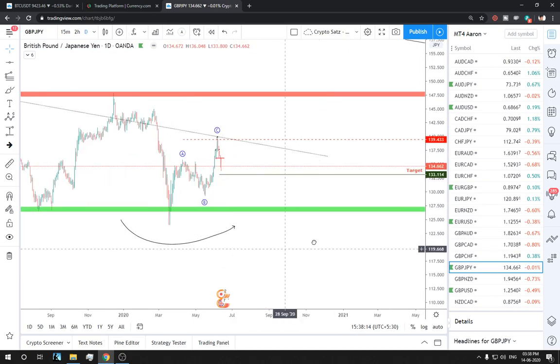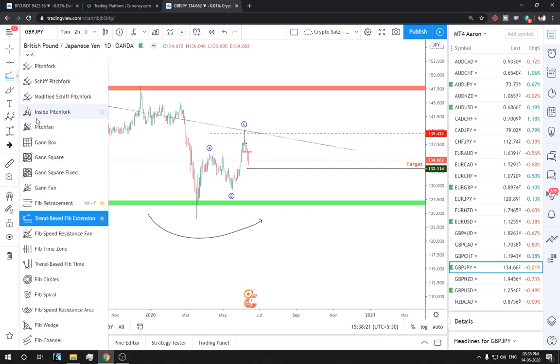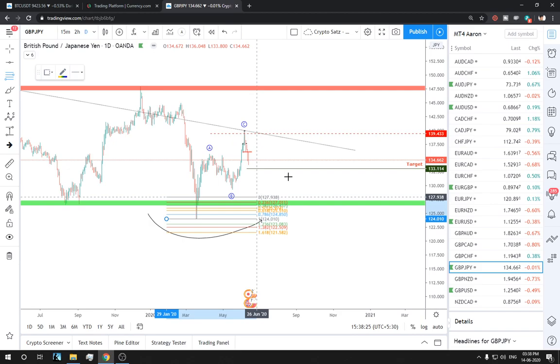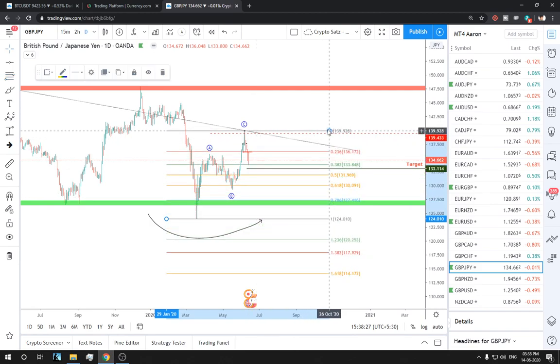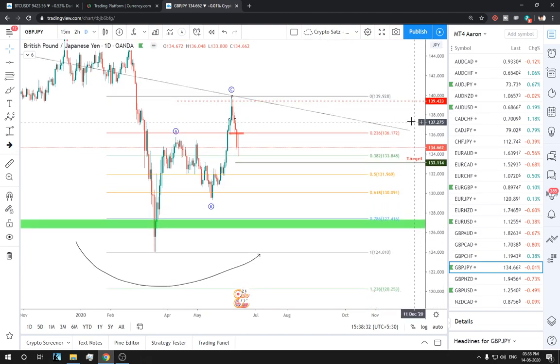So in my opinion, that's a correction. So A, and I love corrections because they are very easy to trade, and you can analyze your targets.